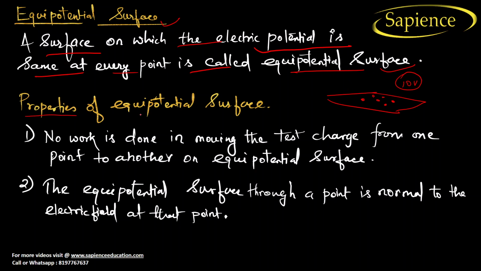Now the properties of the equipotential surface, which are very important. No work is done in moving a charge from one point to another on an equipotential surface. Why so? See here.